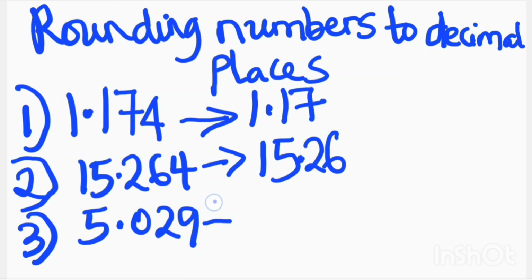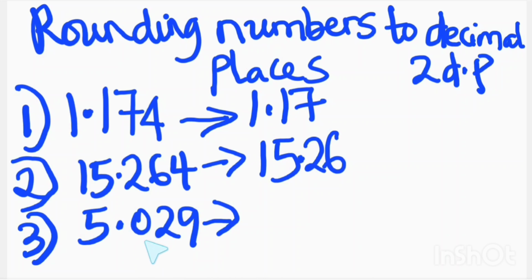So let's handle the third one. We have 5.029. Do not forget we are rounding to two decimal places. Okay? And we said that whenever we want to round numbers to two decimal places, we must have two numbers after the decimal.